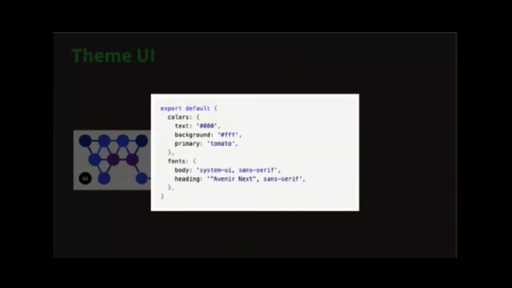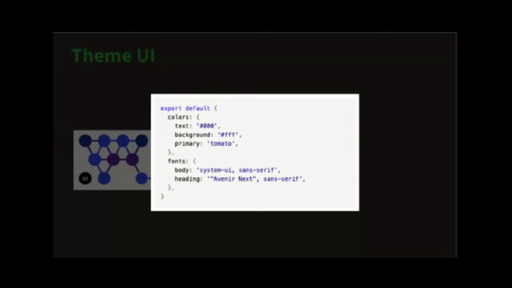The first thing to understand about theme UI is that it's configuration-based. So what does that mean? So here's some example of the config file from a project using theme UI. And so you can see in this, we're exporting theme configuration in a file format. So we have this config that says, here's an object called colors.